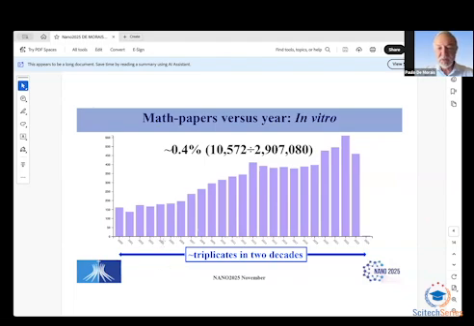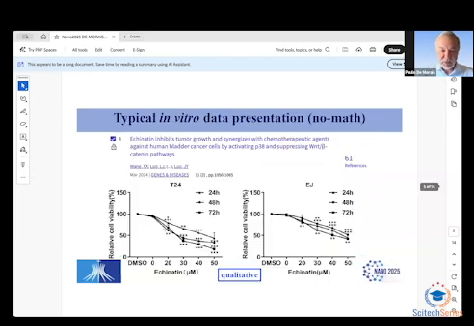Actually, it triplicated in the last 2 decades, which gives us hope that in the future, researchers will use more and more mathematical analysis, which has a huge benefit.